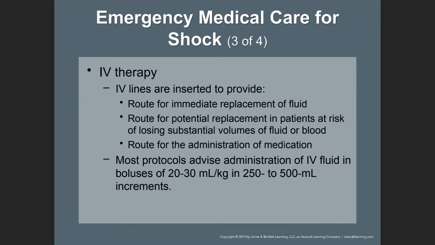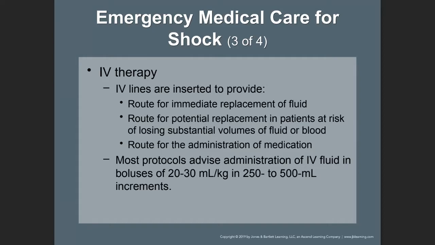So you're going to reevaluate the patient after each incremental administration, because we don't want to cause fluid overload, and we don't want to change the viscosity of the blood. If you overload the patient with fluid and it's not controlled, you can change the viscosity of the blood and dilute clotting factors.